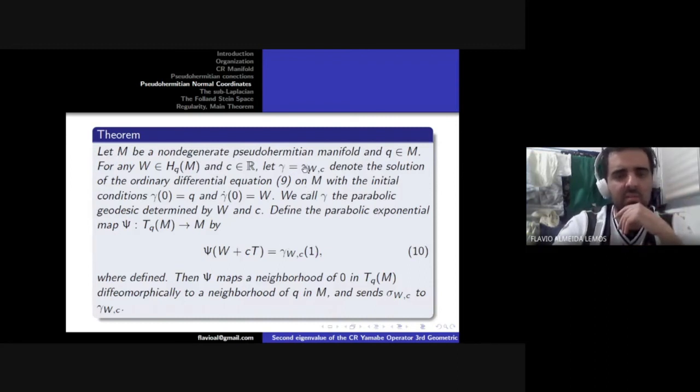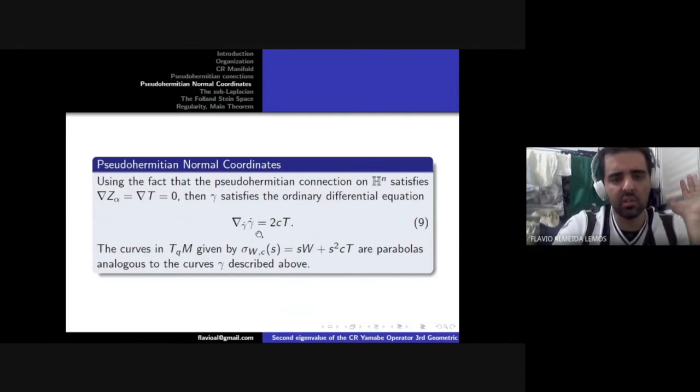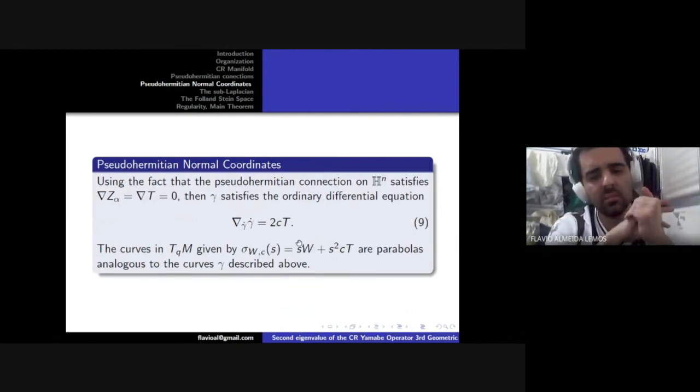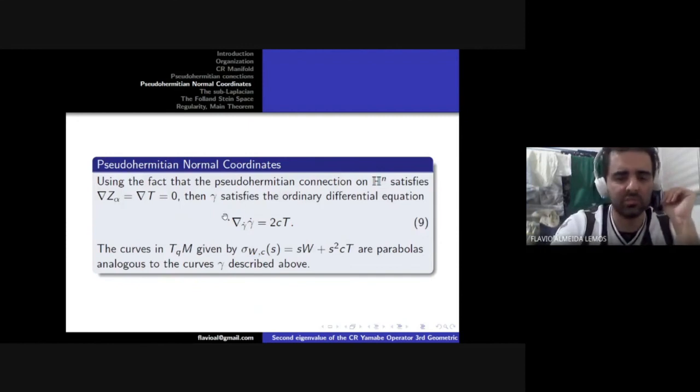All right. Let the curve be on the manifold, satisfying this equation with this initial condition. We have the parabolic exponential map. We define the parabolic exponential map. Then a curve on the CR manifold satisfies this equation.